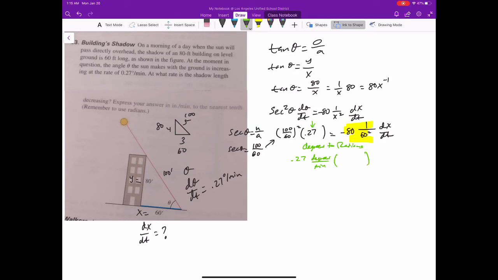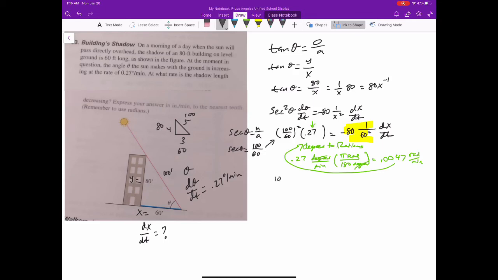So we multiply by pi radians over 180 degrees. That's the conversion. And this works out calculator-wise to be 0.0047 radians per minute. So we're going to plug that back into this value right here.